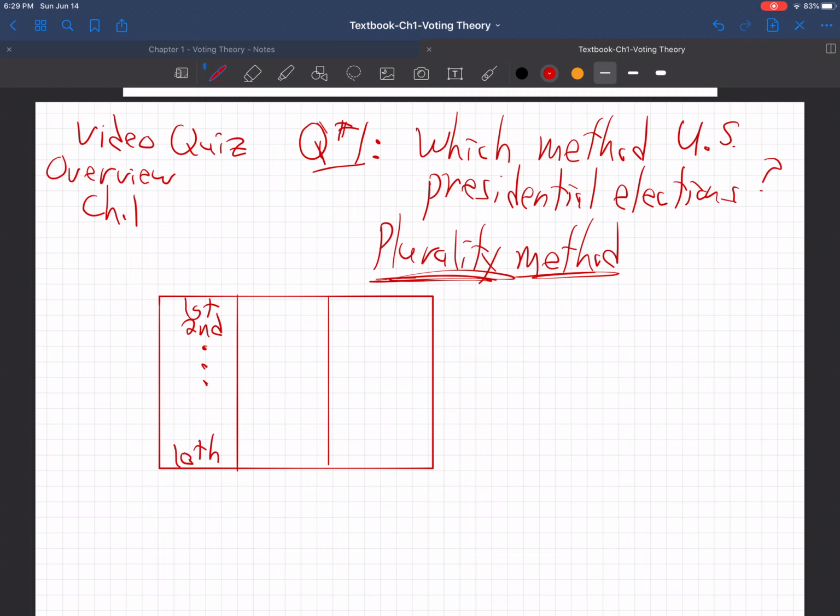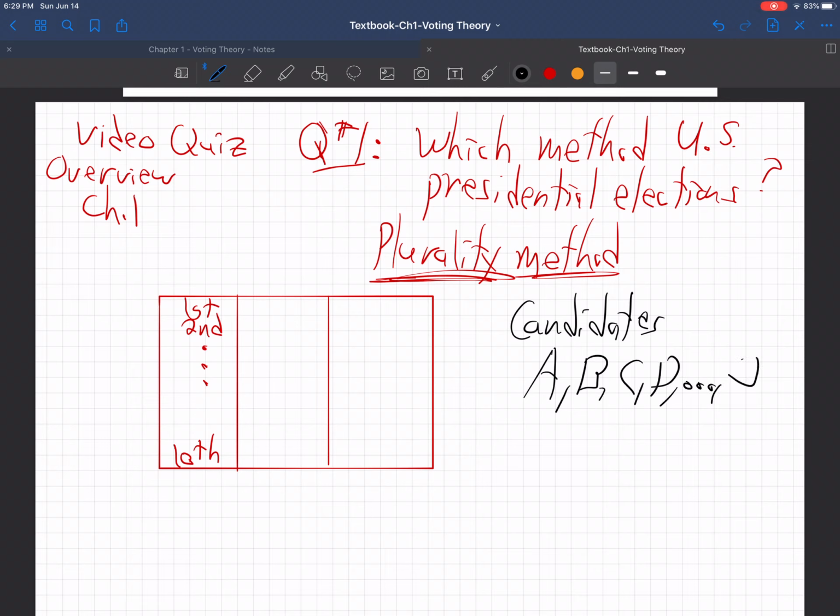What if we had 10 candidates running for an office? The candidates, the people that are trying to become president, will be A, B, C, D, etc., all the way to J. That's 10. There we go. 10 candidates.